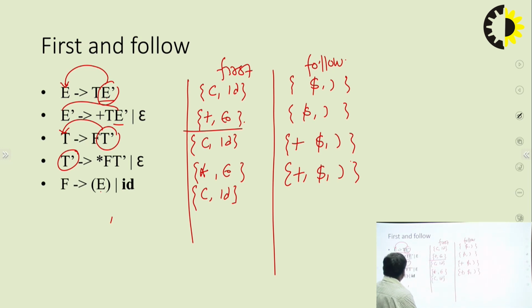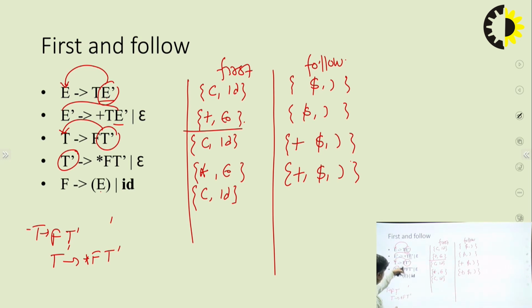Now for this production, the follow of F, where F is here and F is here. It means the follow of F is the first of T dash. Now we write the follow of F. We write the two productions: T tends to F T dash, and T dash tends to star F T dash.